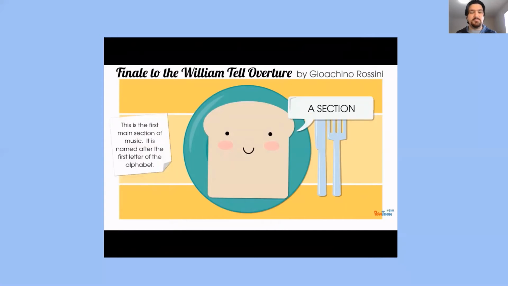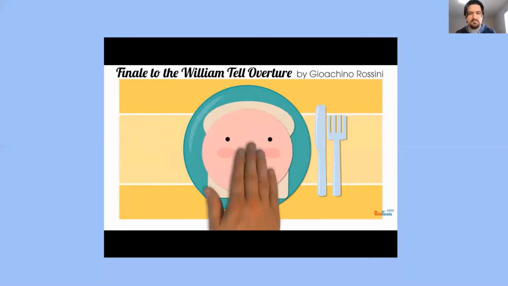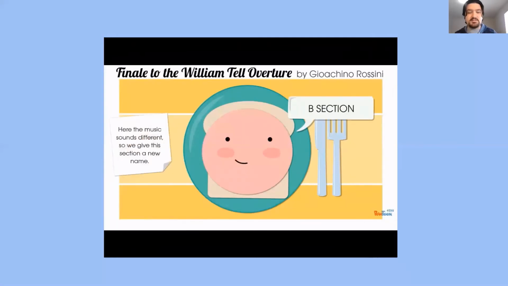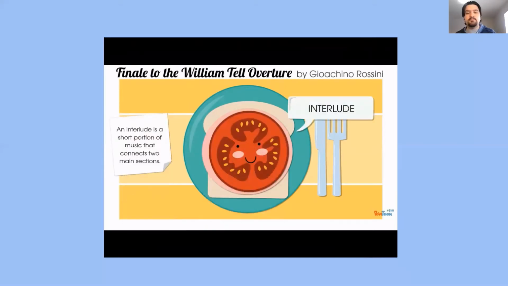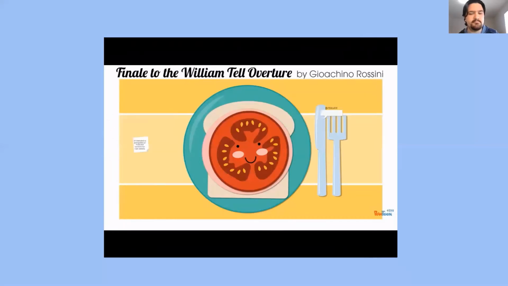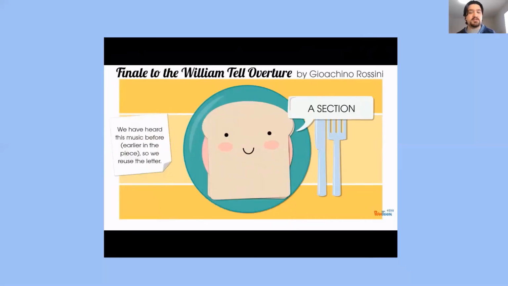The A section, the first part. Here's an interlude with the tomato. Now we're back to an A section, so same piece of bread again. This is the same thing as the A section we heard before.